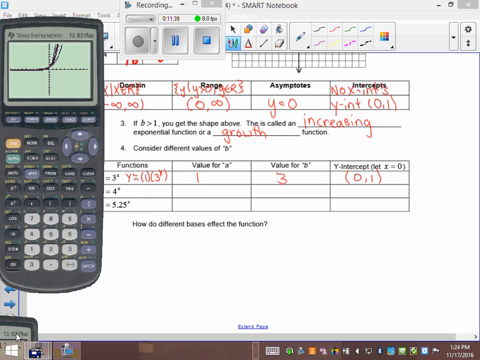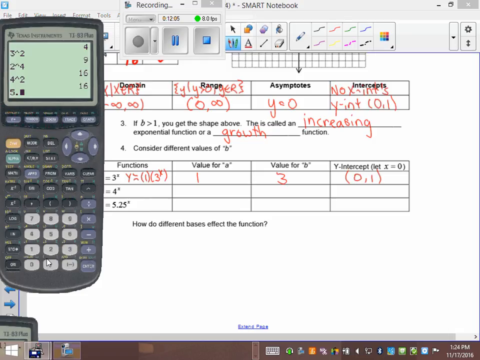If my x value is 2 on the graph, 2 to the power of 2 is 4. If my b value is 3, 3 to the power of 2 is 9. So at 2, it's going to be at 9 for the 3 to the x graph. 4 to the power of 2, it's going to be at 16.